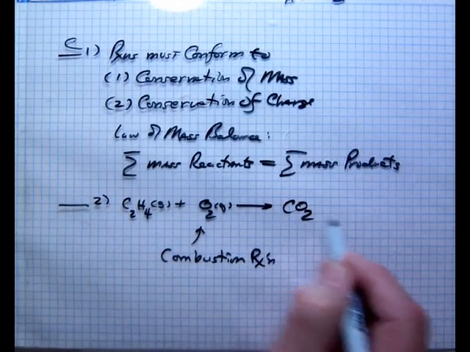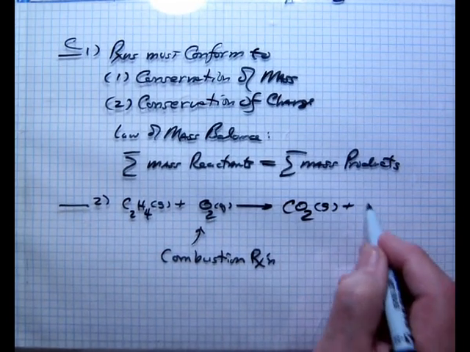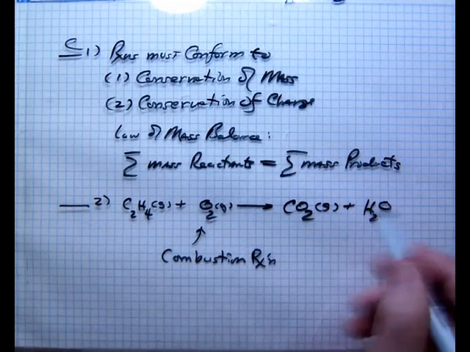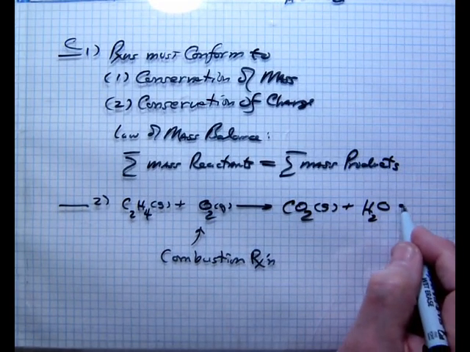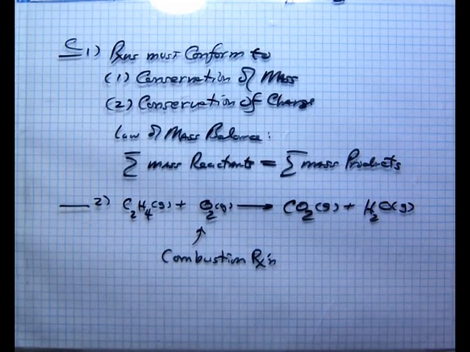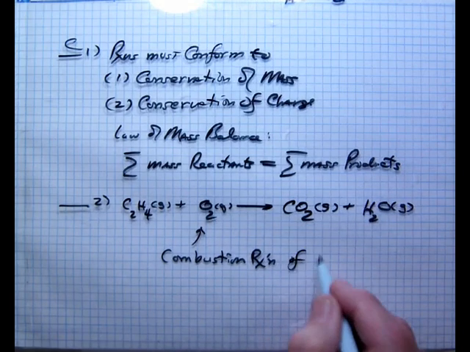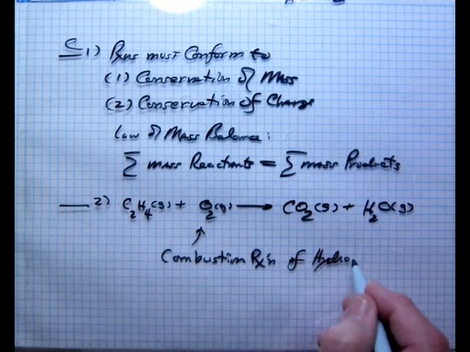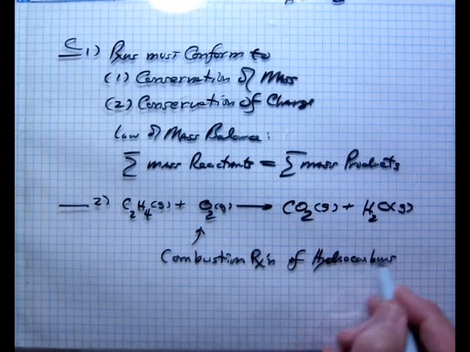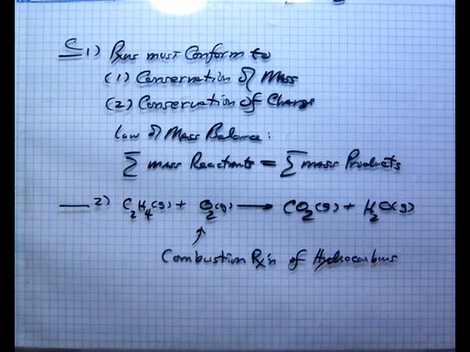It's CO2 gas and water. Now, it doesn't matter whether you put that right now, liquid or gas, water vapor sometimes present. But when we talk about combustion reactions of hydrocarbons, there's only one set of products. Please make a note of that, regardless of what we have here.